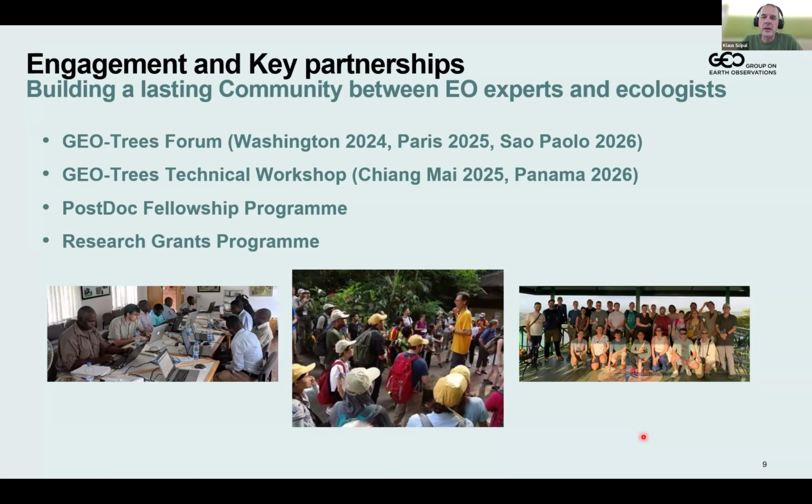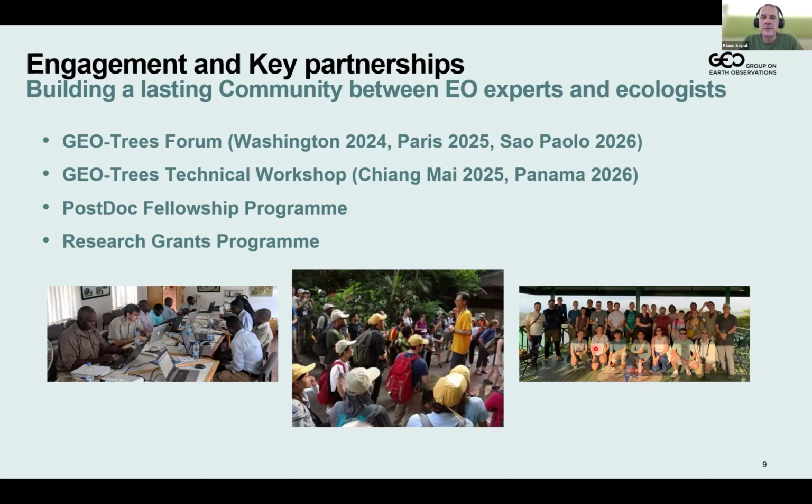Just last week we had a workshop in Panama where we met with a group, mainly young people, to set up the processing pipelines and the processors to go from the individual 3D measurements to the carbon estimates that we can use later on to validate our Earth observation products.